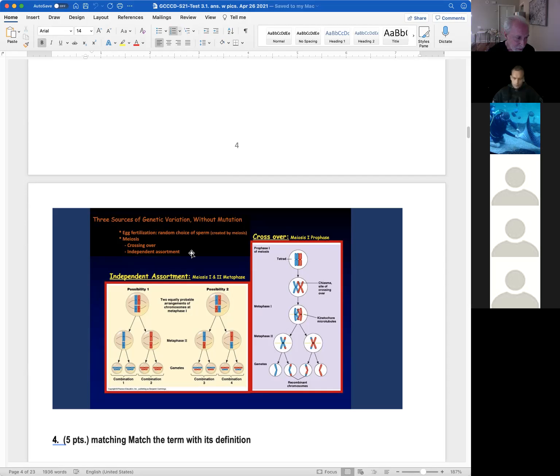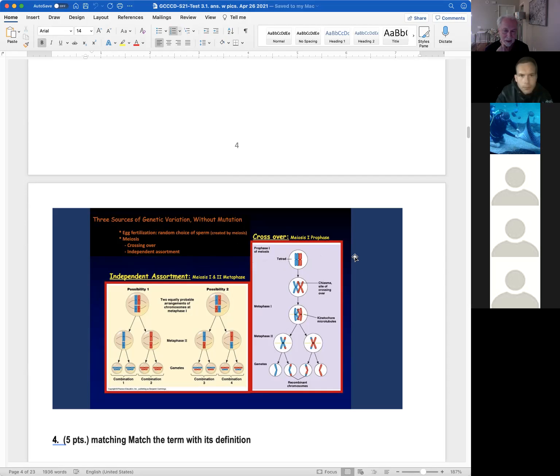So sex is meiosis. And in meiosis, there are 2 sources of variation, crossing over and independent assortment, or random assortment. So let's look first at crossing over. If you remember when we talked about this process, we mentioned tetrads.